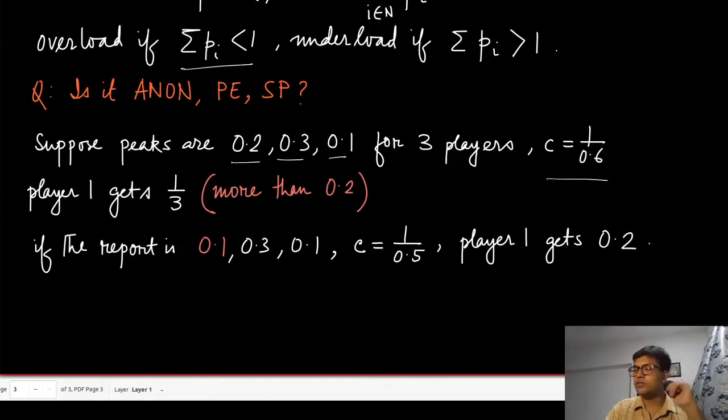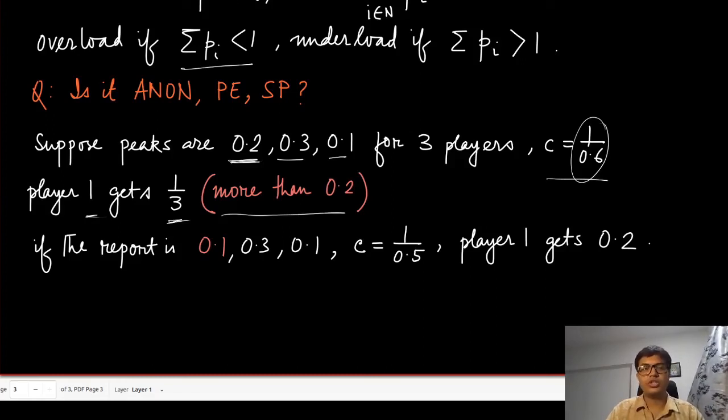Now player 1 will get 1/3 of this task, because C is 1 by 0.6 and player 1's peak is 0.2, so it gets C times its peak, which is 1/3. This is more than its peak share of 0.2, which it likes the most. So 1 by 5 is what it likes the most.